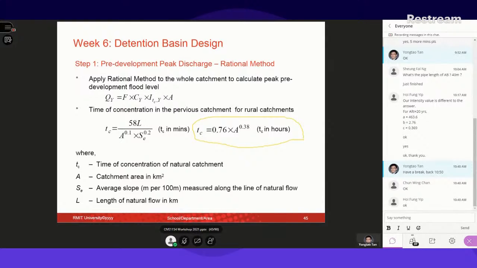Here, the runoff coefficient is used to convert the rainfall amount to runoff, meaning the percentage of the rainfall converted to the surface runoff.